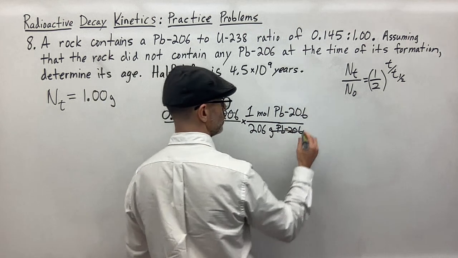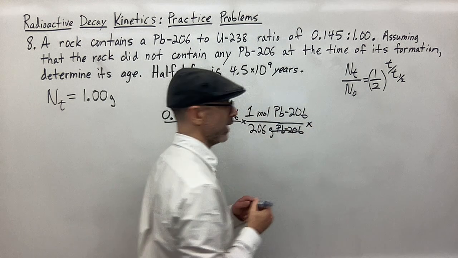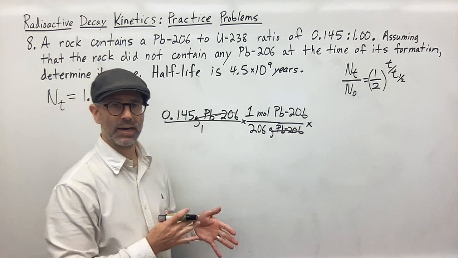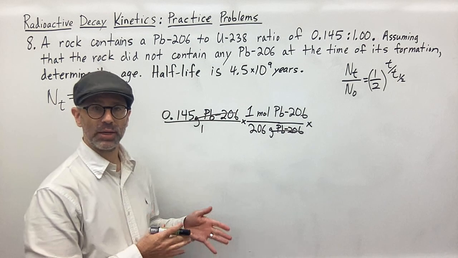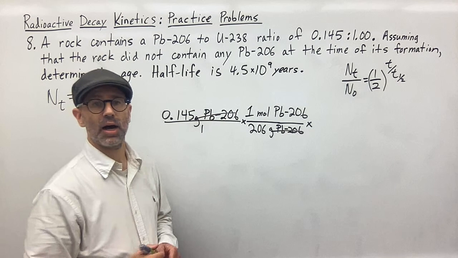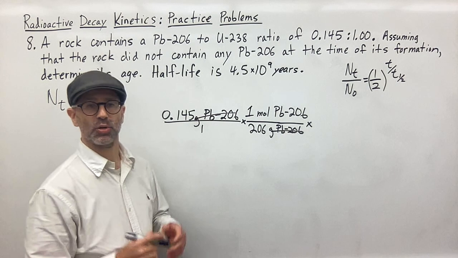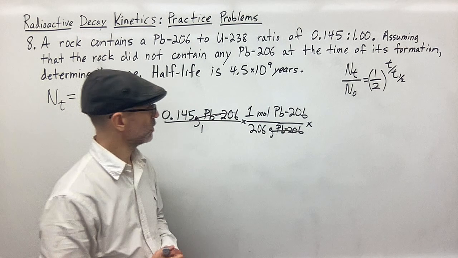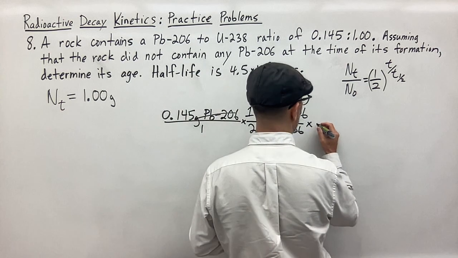Now I have moles. And we know that for every one atom of uranium-238 that decays, it will decay into one lead-206 isotope. That's the daughter isotope. So it's a 1-to-1.